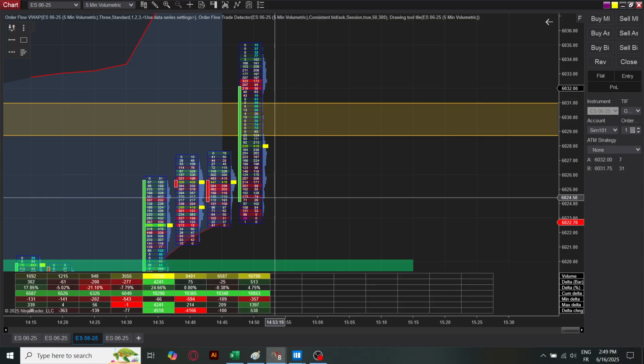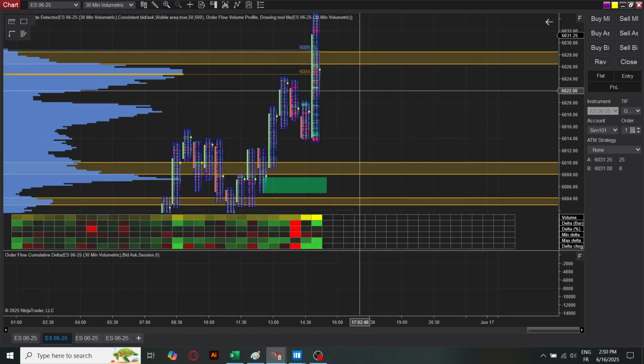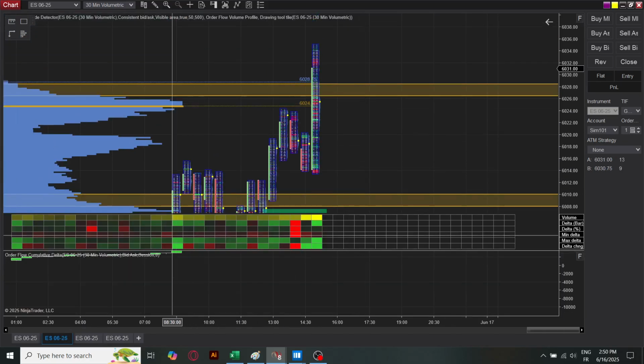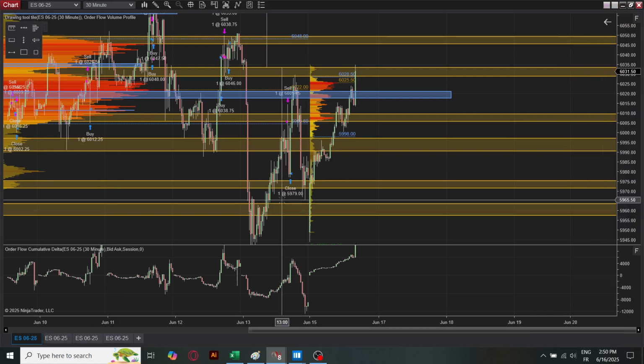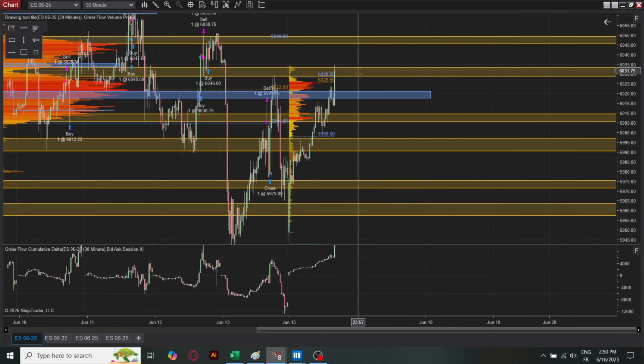They got absorbed. Buyers got absorbed, but it's not the time to enter. This is the same level this strong bearish move started.